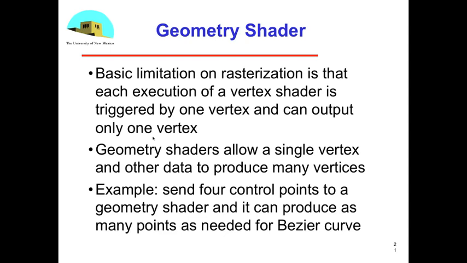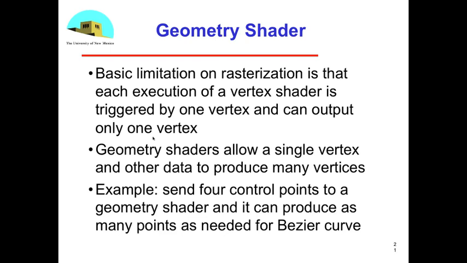You could send a single vertex over and send the other 3 vertices over as other attributes, call them P1, P2, and P3, and P0 sets off the vertex shader.